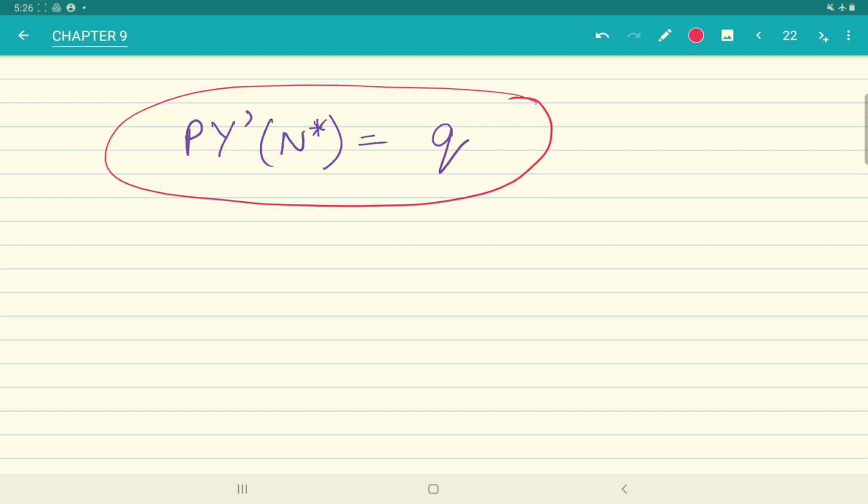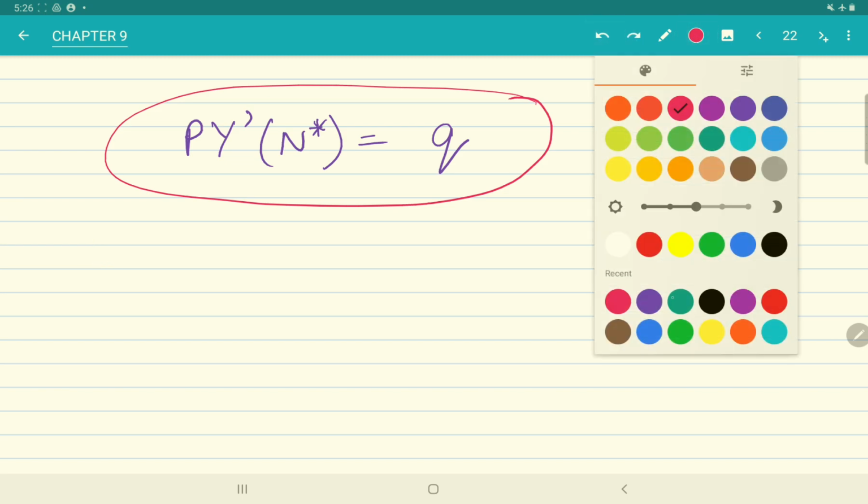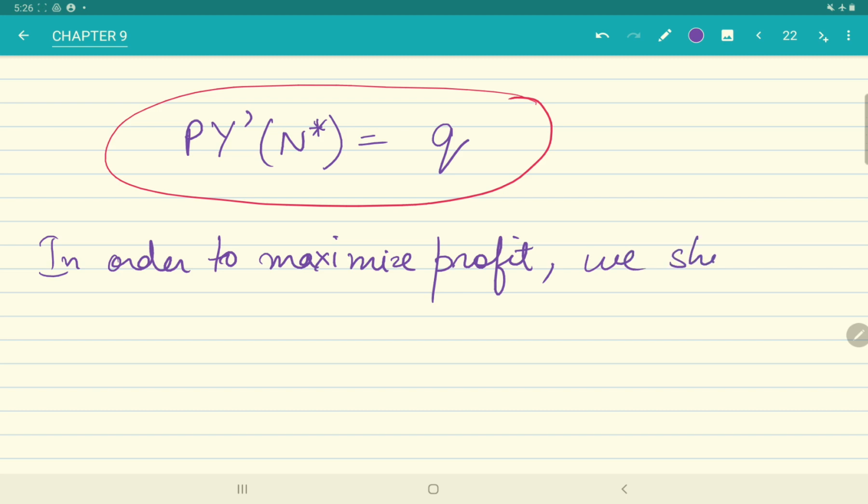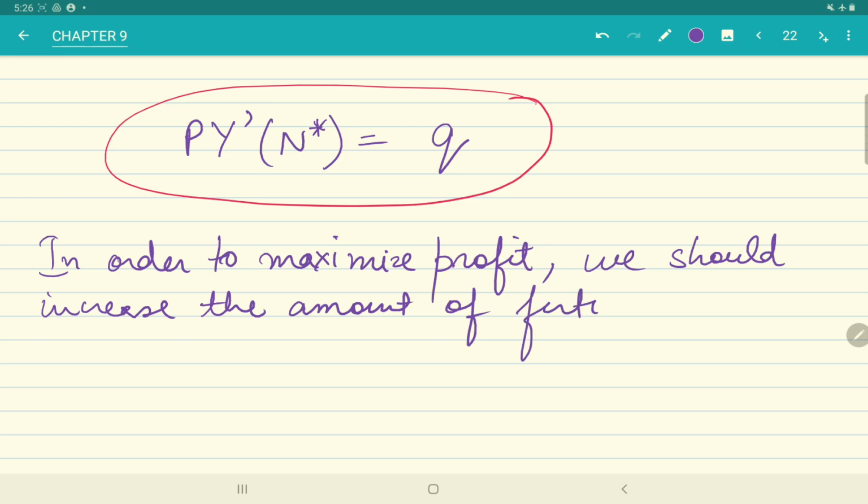So I can say here that in order to maximize profit, we should increase the amount of fertilizer to the level N star.